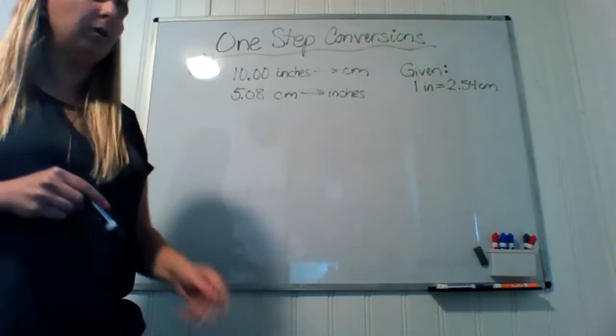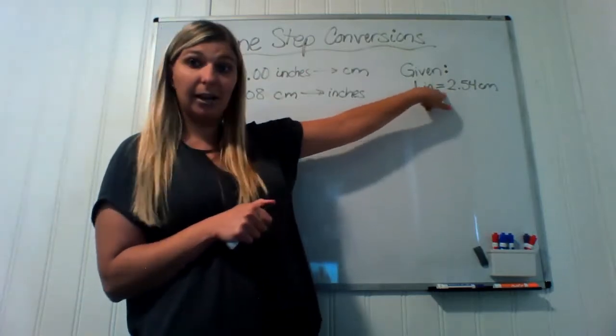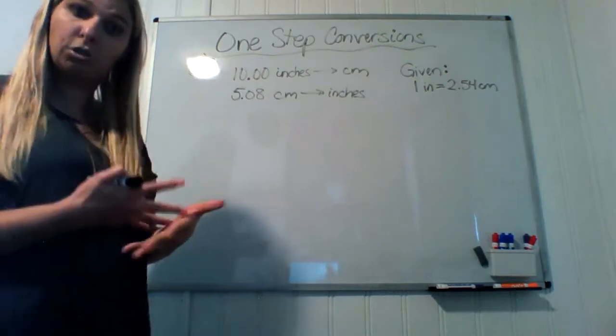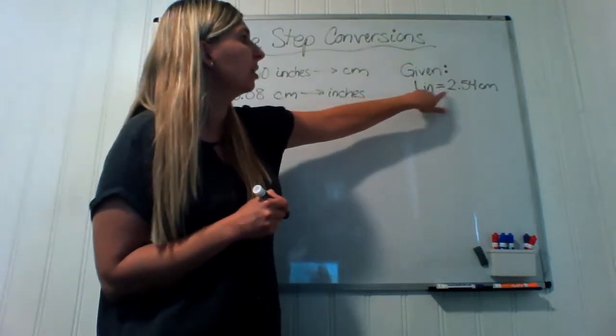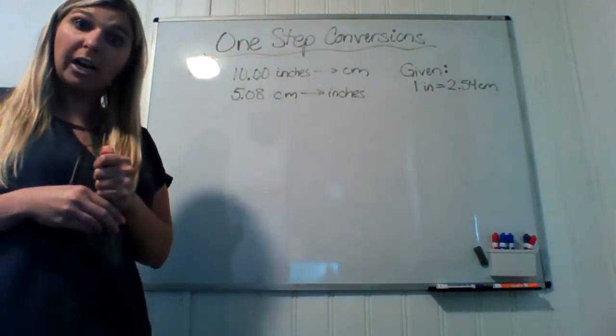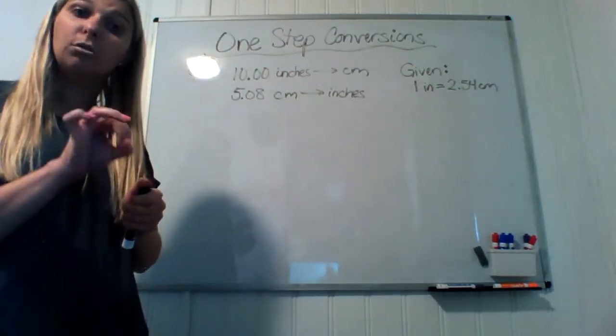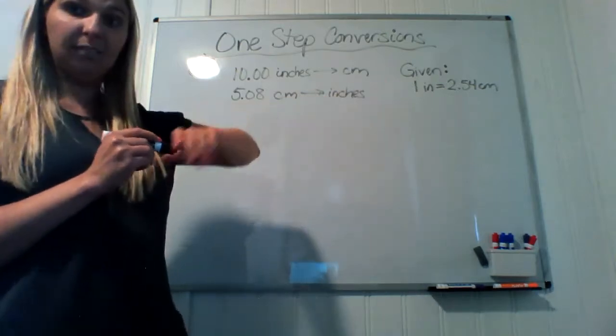Okay, so let's remind ourselves, what does this equivalence tell us to be applied to dimensional analysis? When we say 1 inch is equal to 2.54 centimeters, we can create two factors that we're going to use as conversion factors for this equivalence.